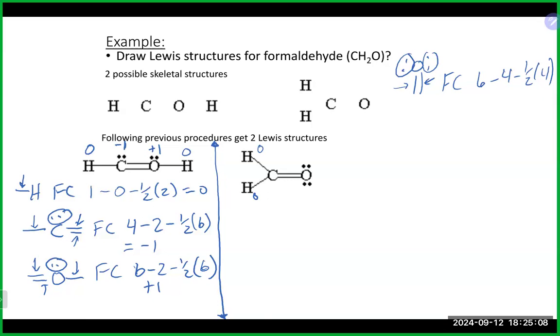That's giving us 6 minus 4, which is 2, minus 1/2 of 4, which is 2. That is 0. And now our carbon in the middle, double bonded and single bonded, that would be our 4 minus 0, as there's no lone pairs, minus 1/2 of 8 in this case. 2, 4, 6, 8. And that's going to give me a 0, yeah?